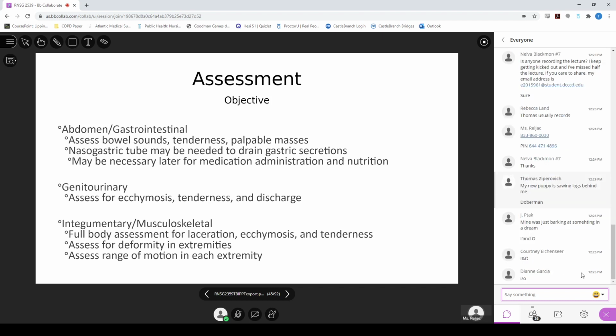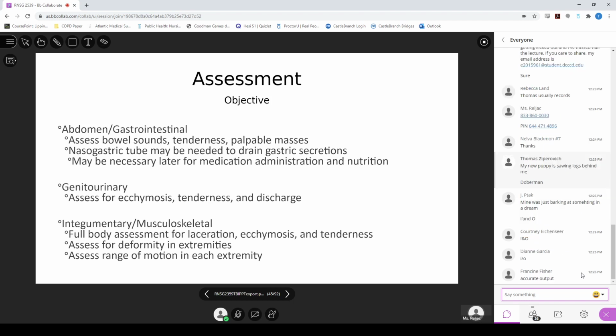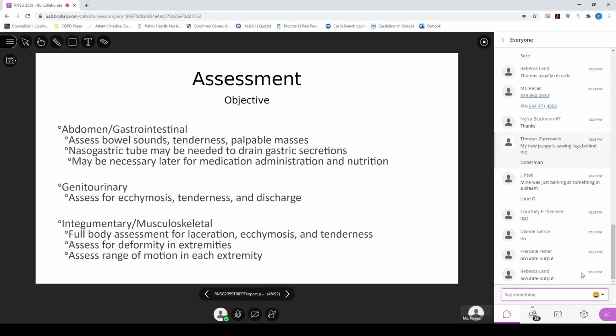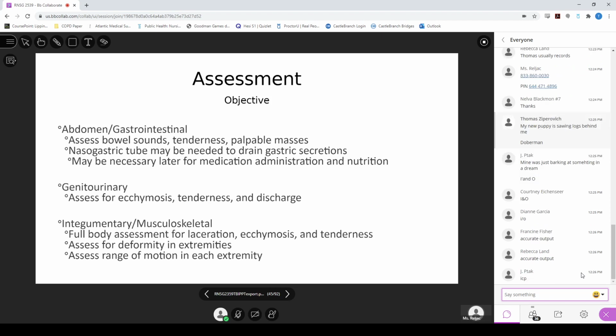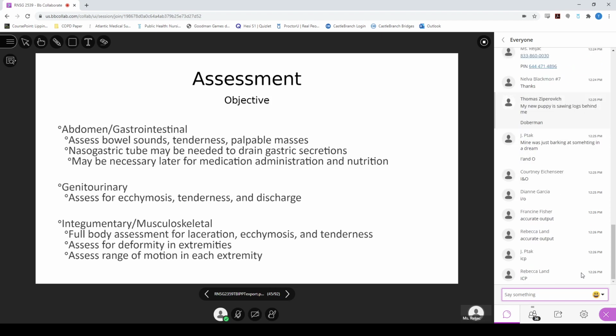That's right. So you want accurate INOs because too much fluid causes what? Fluid overload. Fluid overload is going to cause what? Right. Also, if you have an indwelling catheter and your urine output really drops, what else is that telling you?